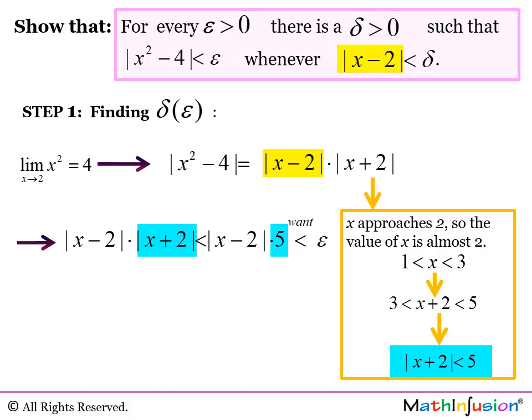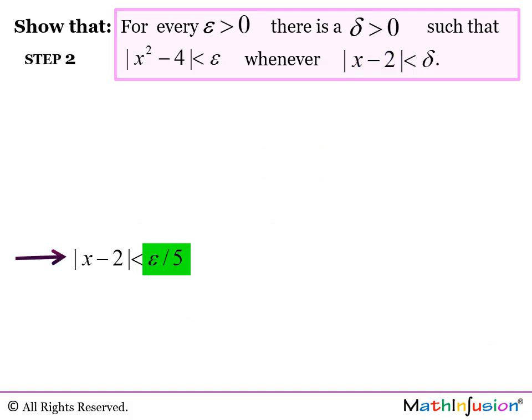So now I would like this to be less than epsilon, which means that x minus 2 in absolute value must be less than epsilon over 5. Now it's step 2.